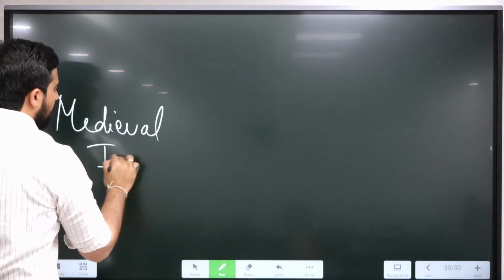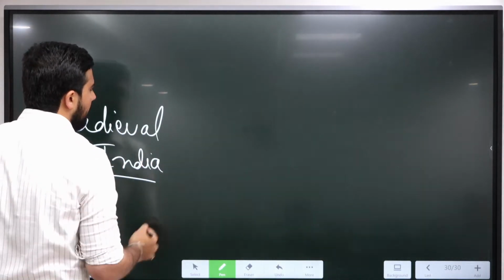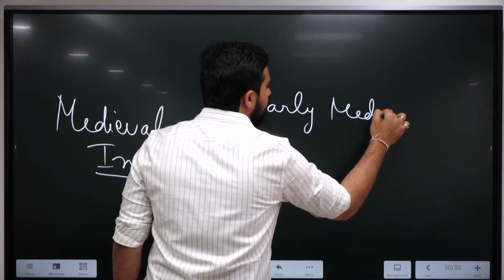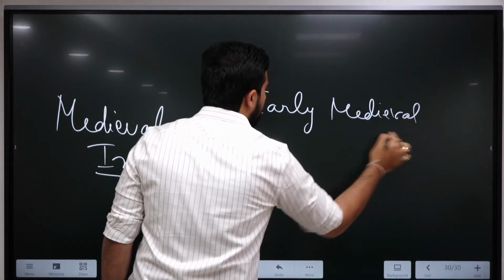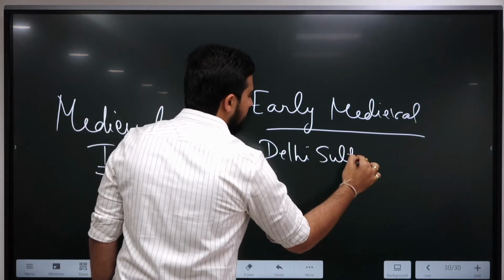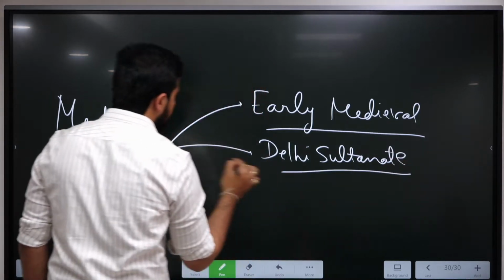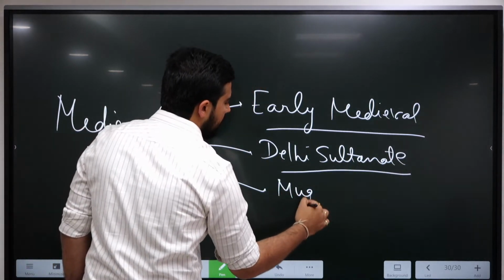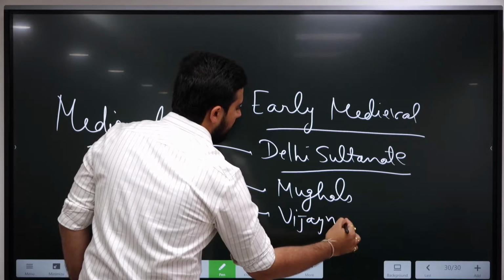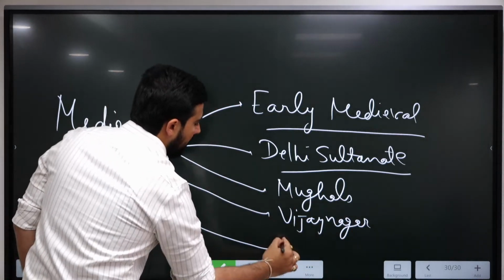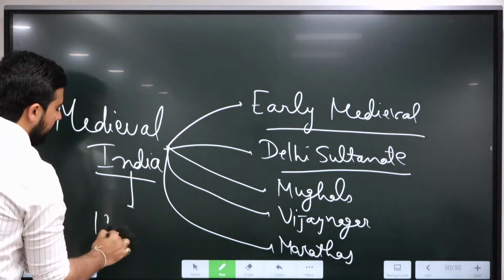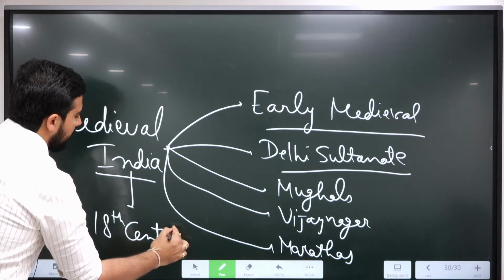Okay. So if we see the overall medieval India, UPSC is going to ask questions from early medieval. They will ask questions from Delhi Sultanate, Mughals, Vijayanagar, Marathas, and the transition and the debates of the 18th century.